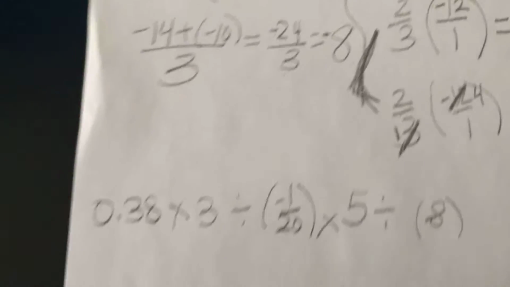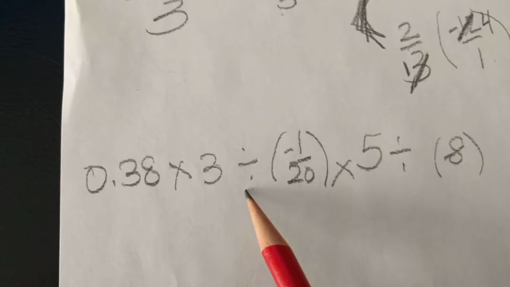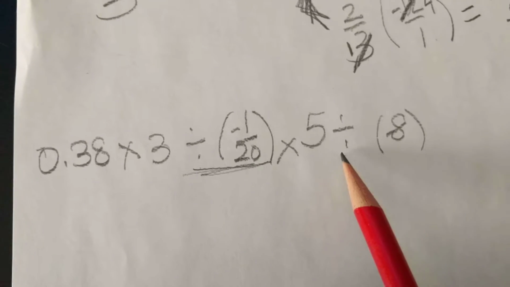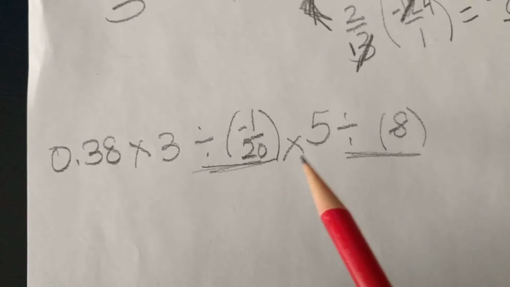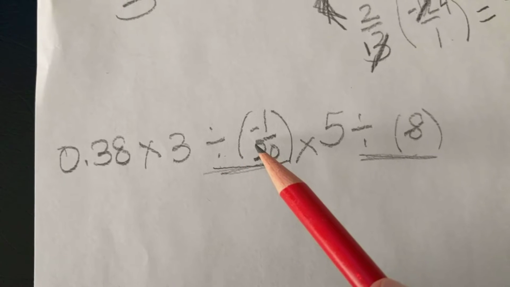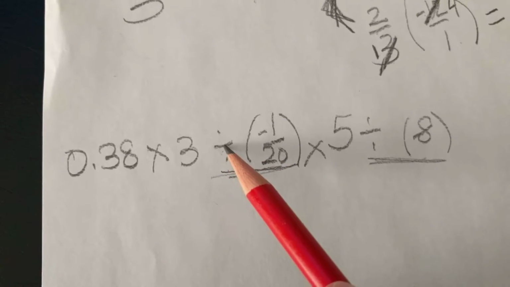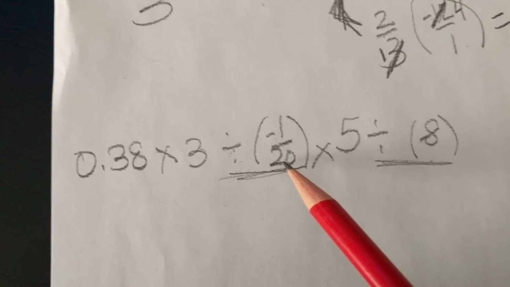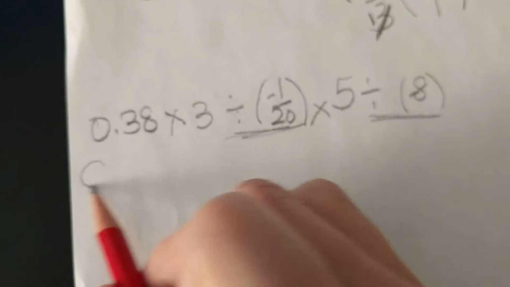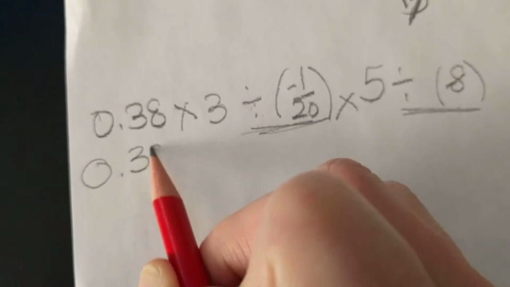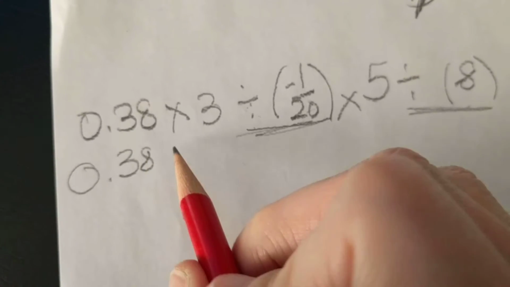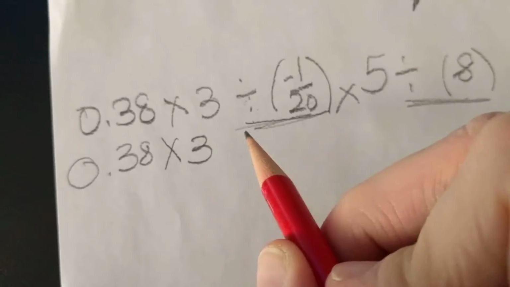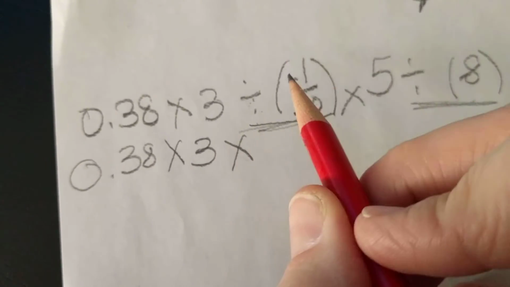Okay, sorry. So I see divide here twice. So remember, when you divide, you take the number, keep the times, and just flip these around. So we get 0.38 times 3 times, I'm going to flip this.